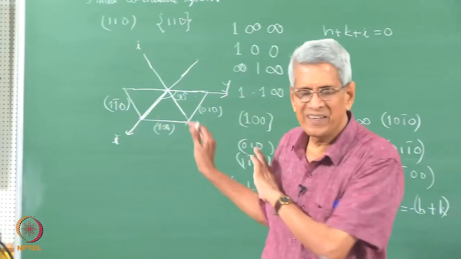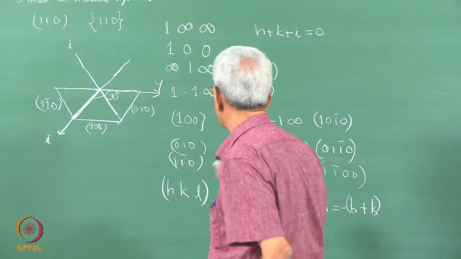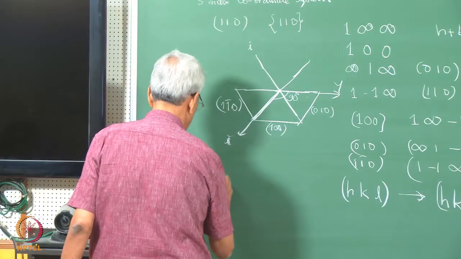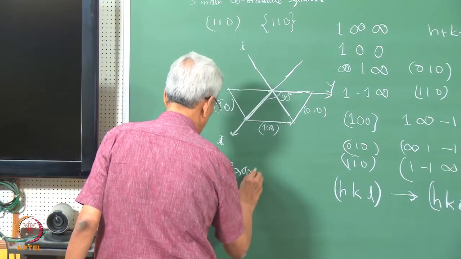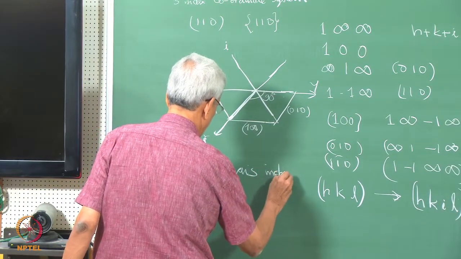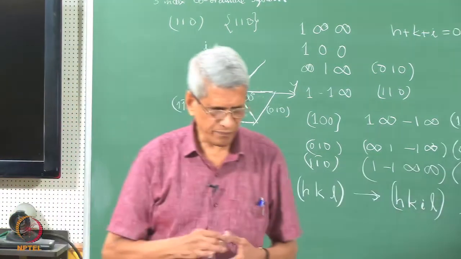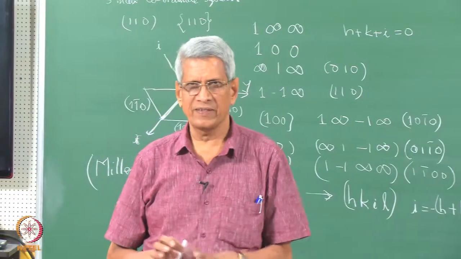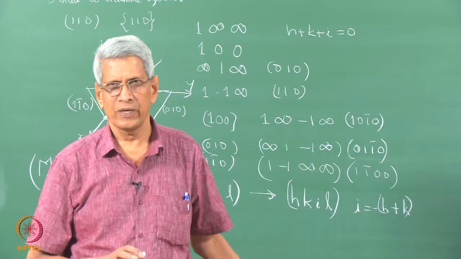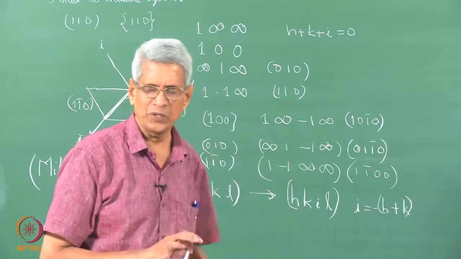From this relationship comes, this type of indices are called Miller-Bravais indices. This is clear? Okay. This is as far as the planes are concerned. So, this way we can represent all the planes. From 3 index system we can convert to 4 index, or from 4 index system we can convert to 3 index.